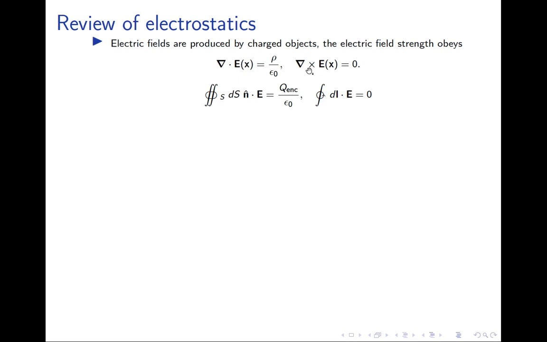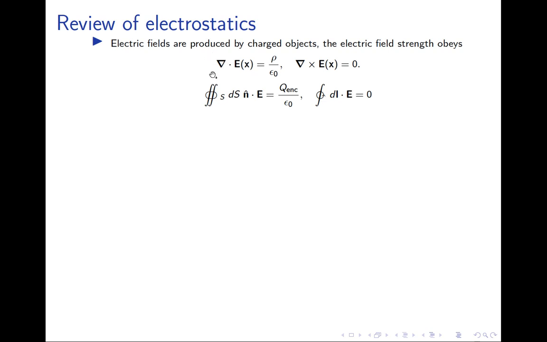Most of you are familiar with these two laws from high school, where you have learned them in the integral version. That is, when you integrate the Gauss law equation over a volume V, the integral of charge density over the volume V will give you the total charge enclosed in that volume.